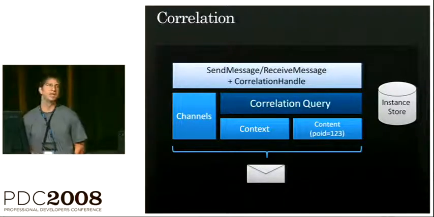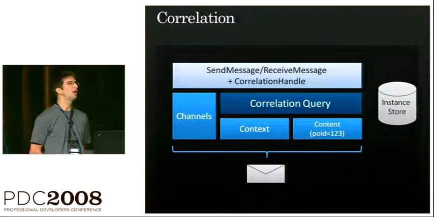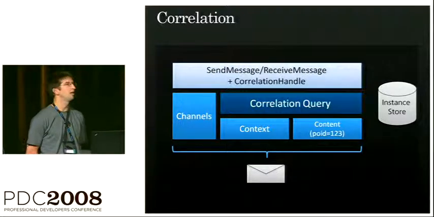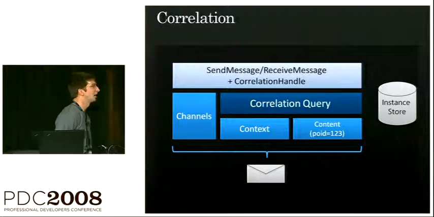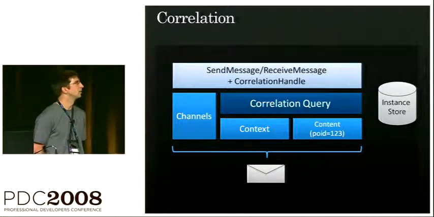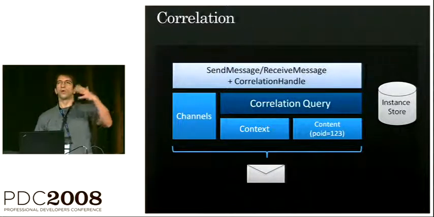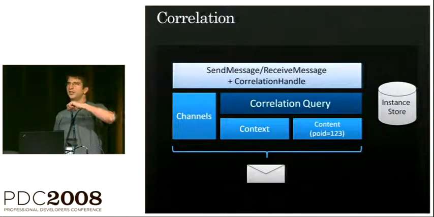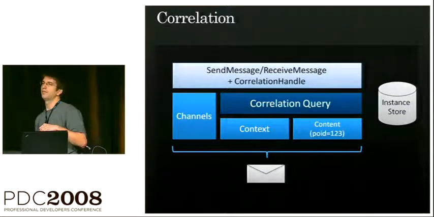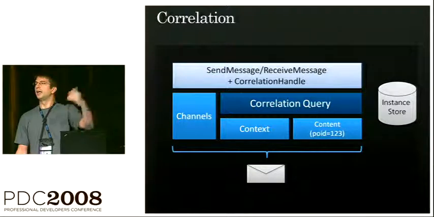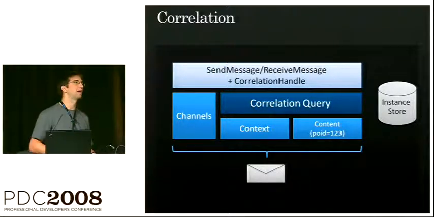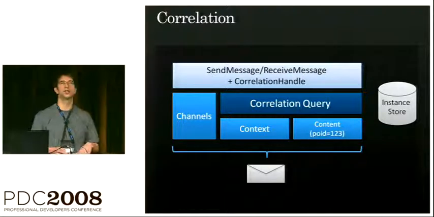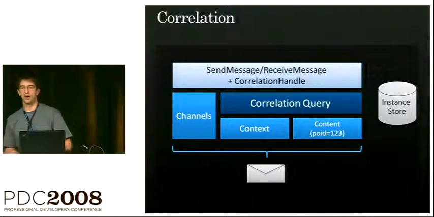The second part is we introduced a single common abstraction representing the rendezvous of these messages with other messages on other instance state. And so the way that works is you define your messages, you declare your messaging activities, and you declare a correlation handle as a workflow variable. You bind those messaging activities to a common correlation handle to indicate that they are related.